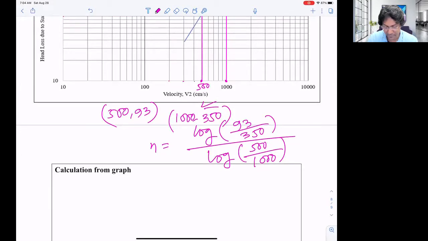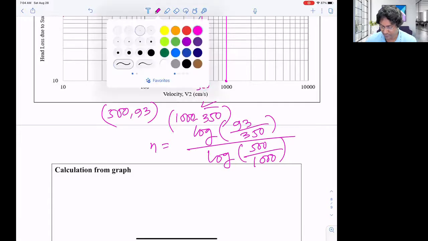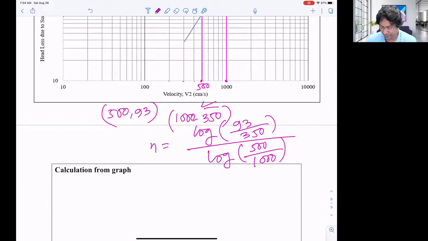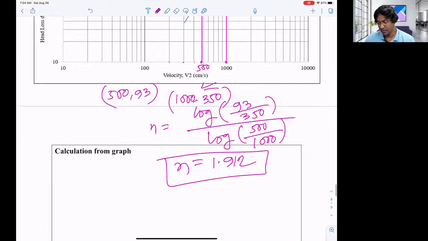So log 93 divided by 350, and divided by log 500 divided by 1000, which means 0.5. That's okay. So it is nothing but 1.912. So this time n is 1.912, close to 2.